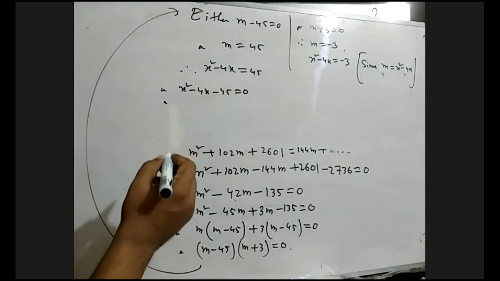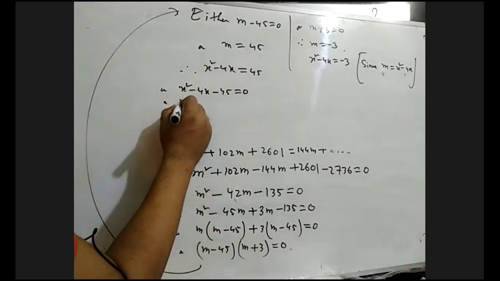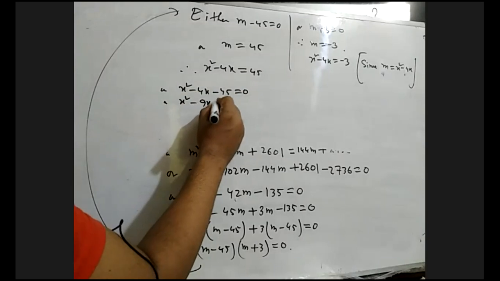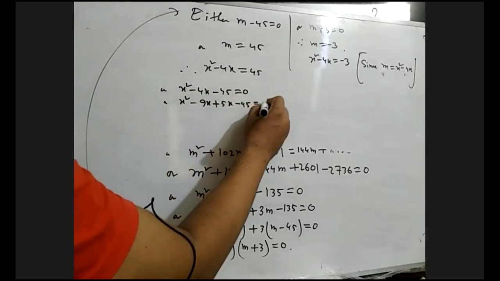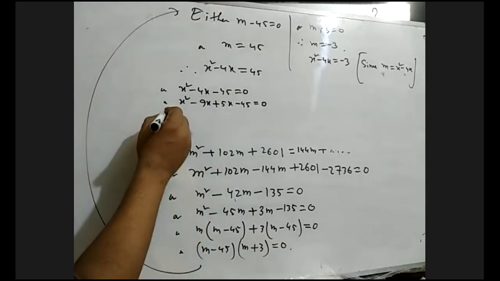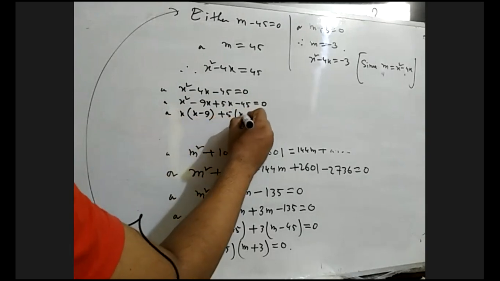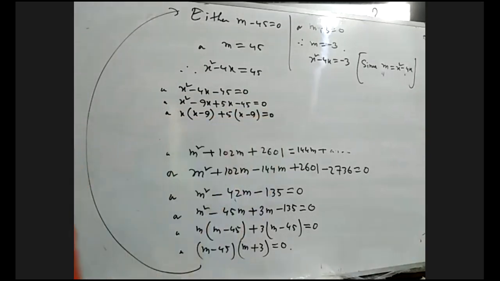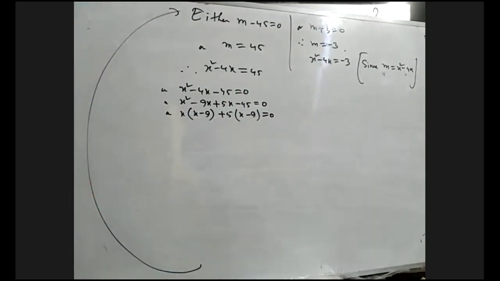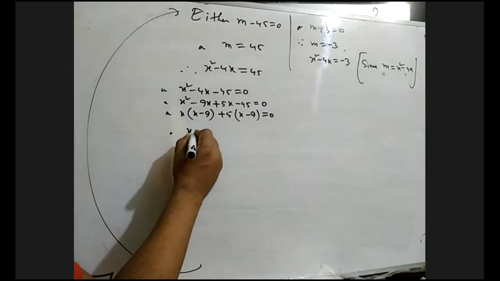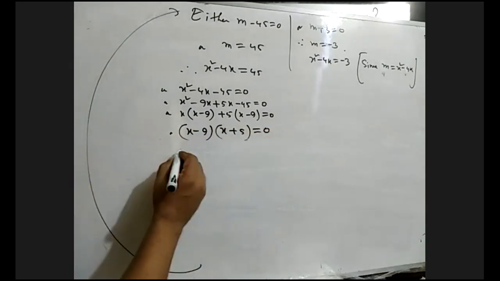This is very easy for you: x square minus 9x plus 5x minus 45 equals 0. x will be common here, plus 5 will be common here, so we get two roots: x minus 9 will be common again, x plus 5 equals 0.